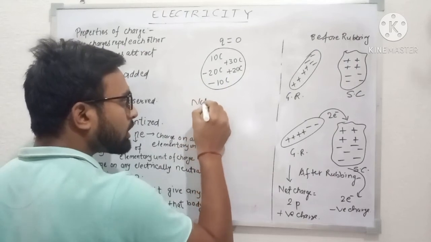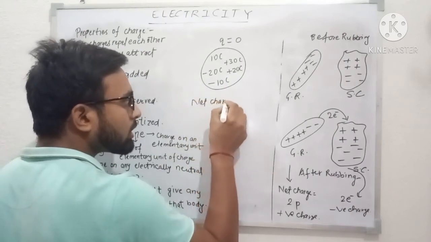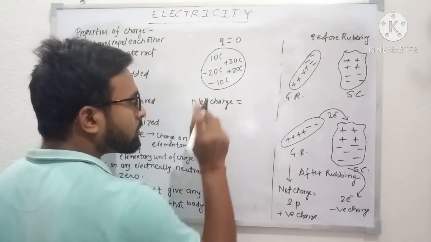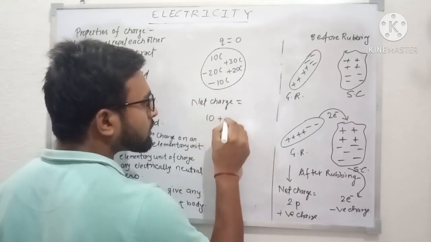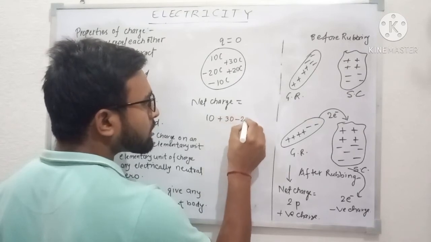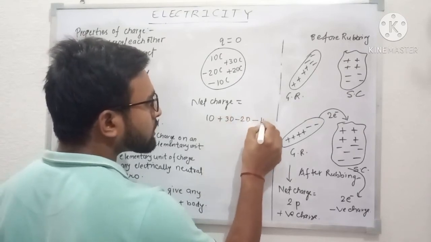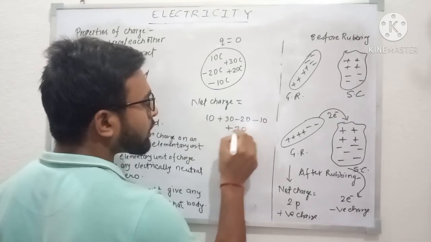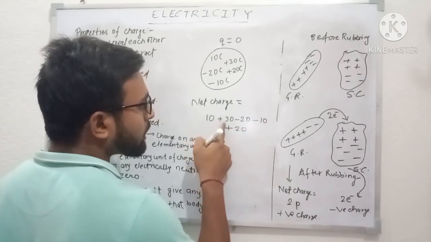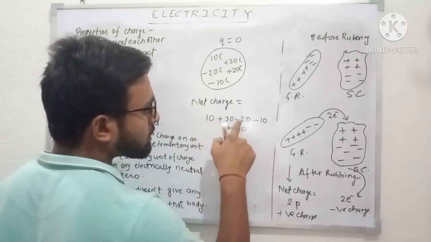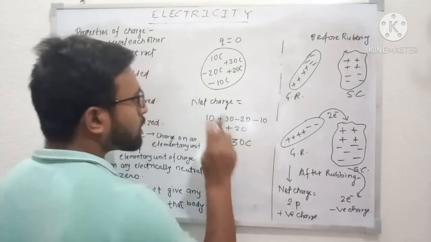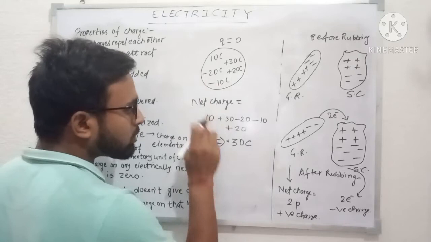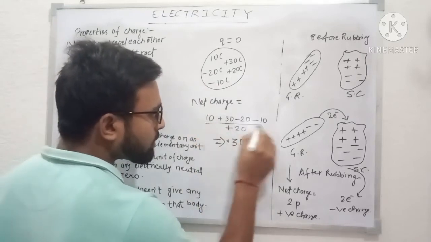To calculate the net charge on this body, we perform algebraic addition. That means 10 plus 30 minus 20 minus 10 plus 20. So what do we get? 10 plus 30 is 40, 40 plus 20 is 60, 60 minus 30 gives plus 30 coulomb. So this body has a net charge of plus 30 coulomb. Which type of addition do we perform?